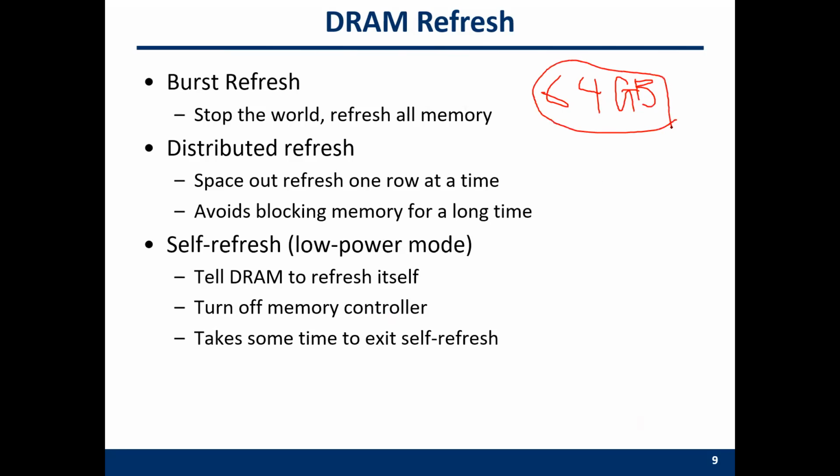So I just make all the applications work until I find out I have to do the refresh. I cannot wait anymore. Then everyone stops and I will refresh maybe 64 GB of data. That's very slow, because refreshing this much data is really slow.